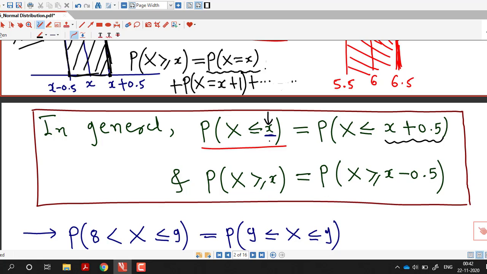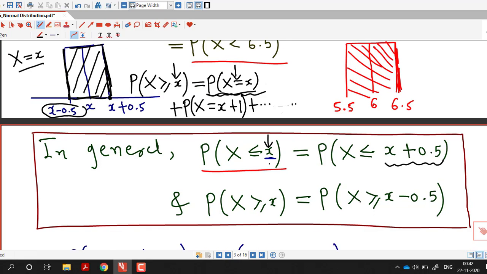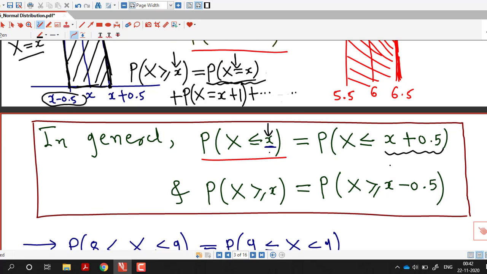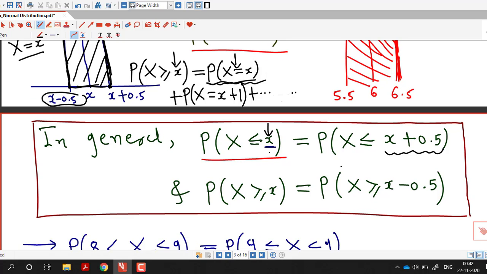So we have to start from this probability that capital X equal to small x. We are going to the right of x and we have to include this probability, which means the area of this rectangle. So in that case we have to start from the lower boundary, that is X is greater than or equal to x minus 0.5. Either we can remember these two things or we can easily decide for particular values of x by considering the rectangle surrounding that value of x.